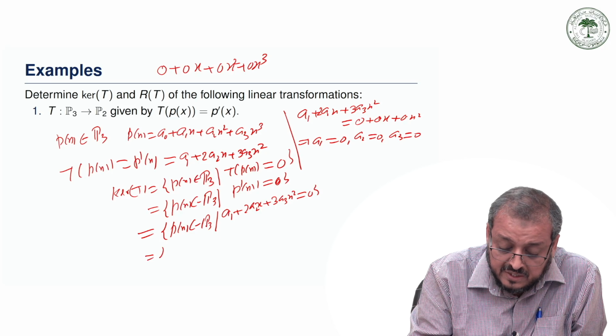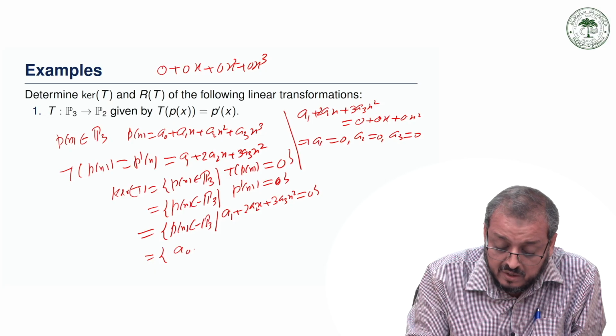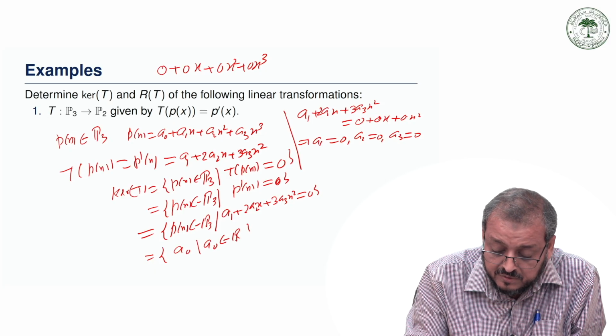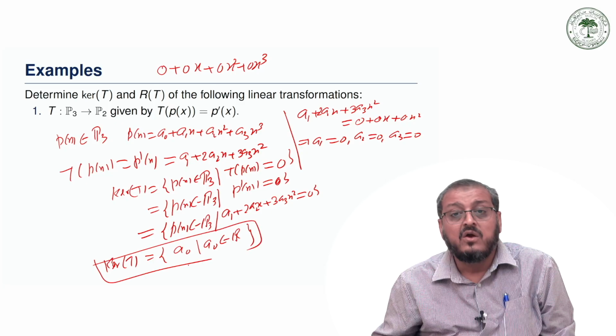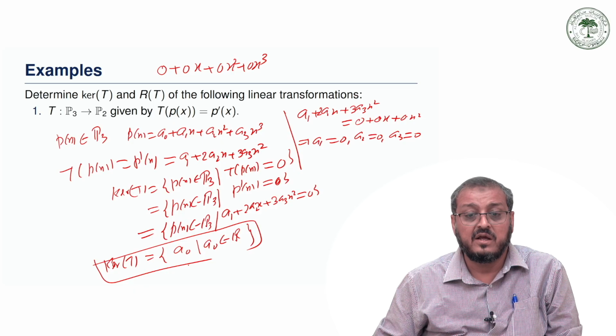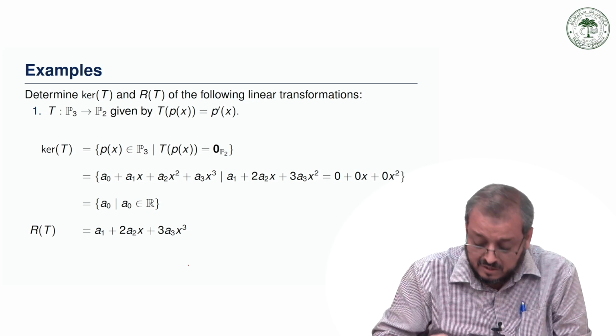So the polynomial is a0, such that a0 is an element of R. This means the kernel of this transformation is the set of constants, the element a0 in this form.